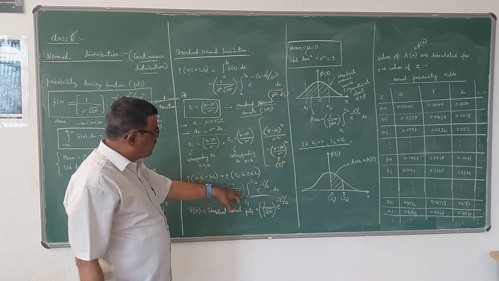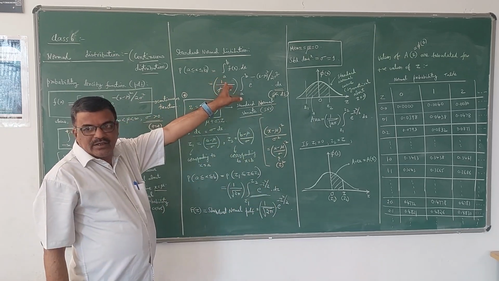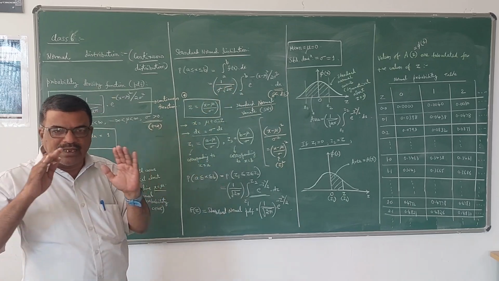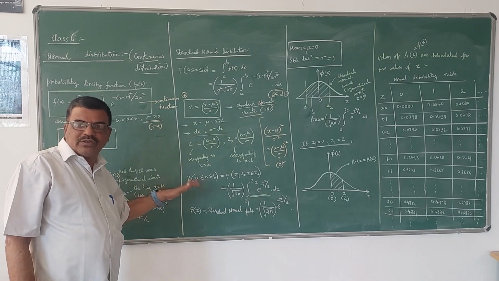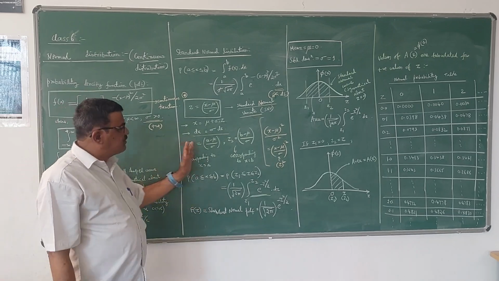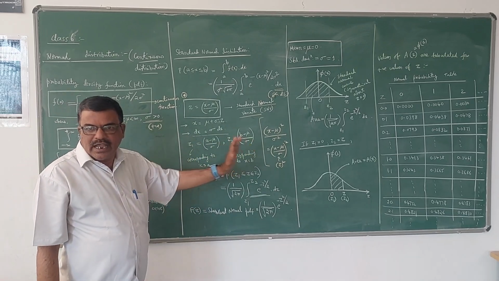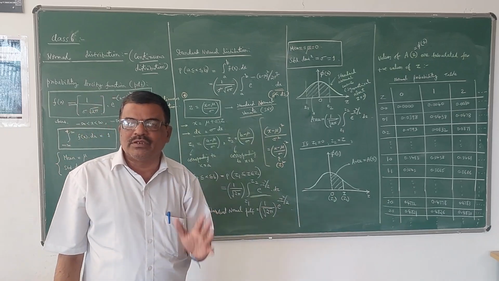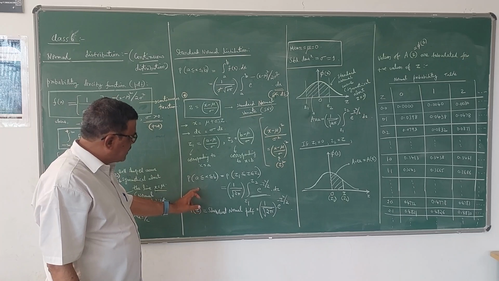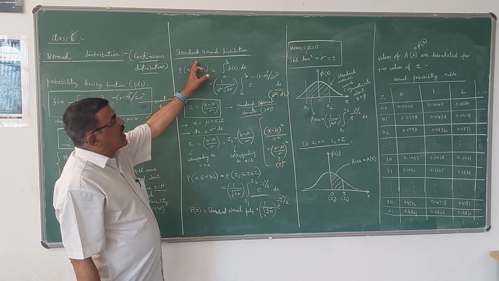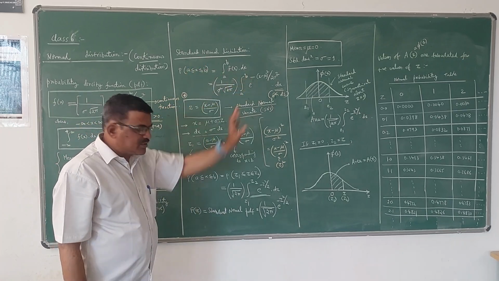So this is another form of writing the same thing. So what I am doing is I am changing x is equal to a to z is equal to z1, x is equal to b to z is equal to z2. So x will be changed to z, a will be changed to z1, b will be changed to z2 by using this substitution. So this distribution is called as standard normal distribution.